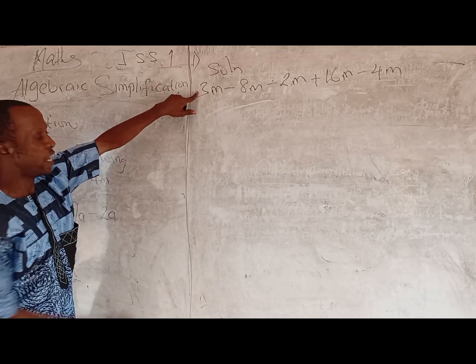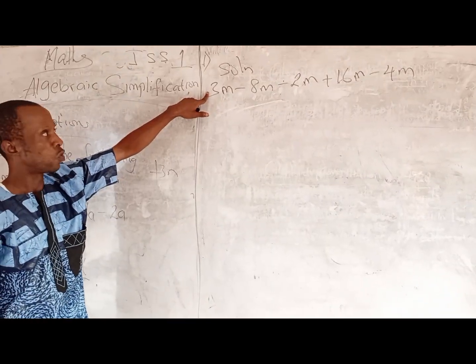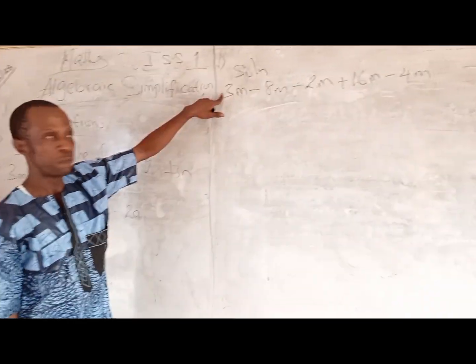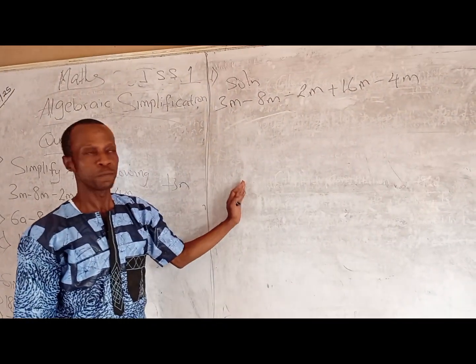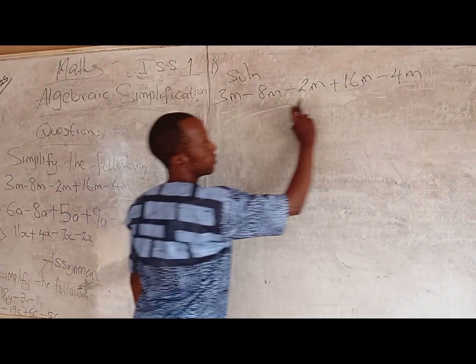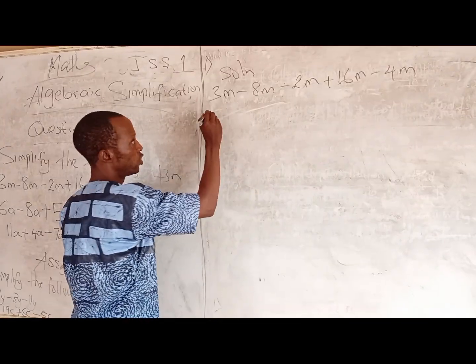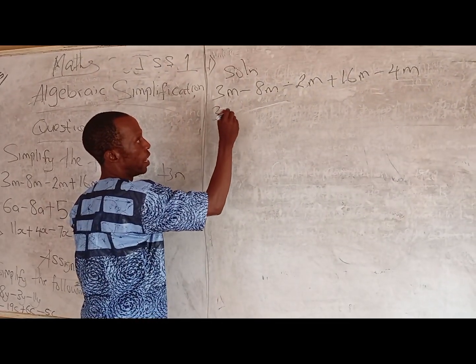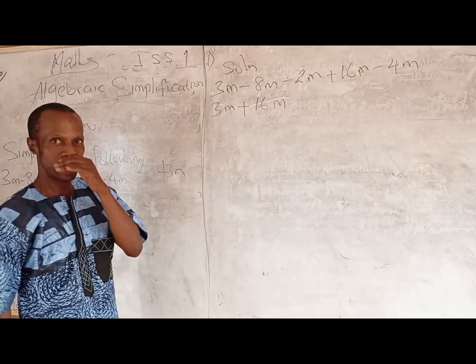And I said when you see a number standing on its own, it means plus. And I said it's by grouping. In other words, you put all the minus together and all the plus together. In this term, I only have two numbers that have plus, which are 3m plus 16m.